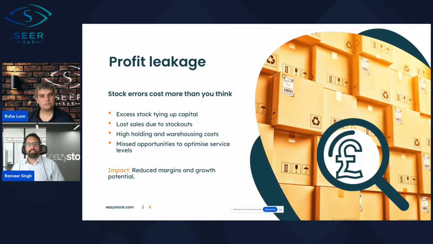How many clients are in a lucky enough position that the customer can only buy from them? How many customers buy from someone else if stock is not available from you or your clients? Once the customer goes elsewhere, what are the chances they're going to come back to you? Where they're more likely to go next time? So you're not just losing sales, you're also losing customers, you're losing reputation. Something to safeguard and think about.